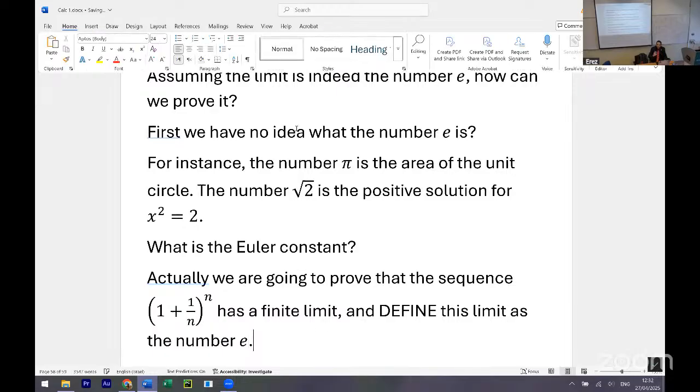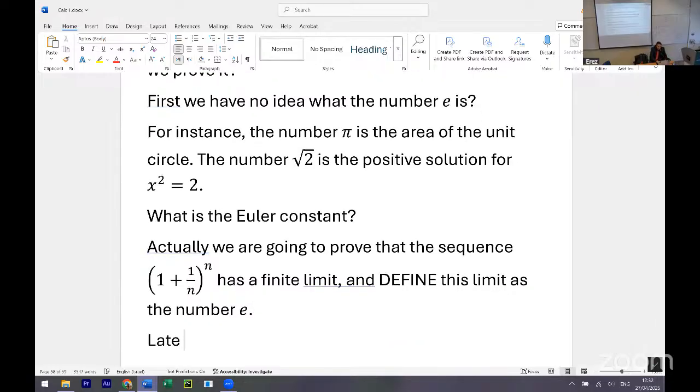So e is defined to be the limit of the sequence, and in this case, I don't need to prove that the sequence tends to e. I just need to prove that it has some finite limit. And we call that number e.